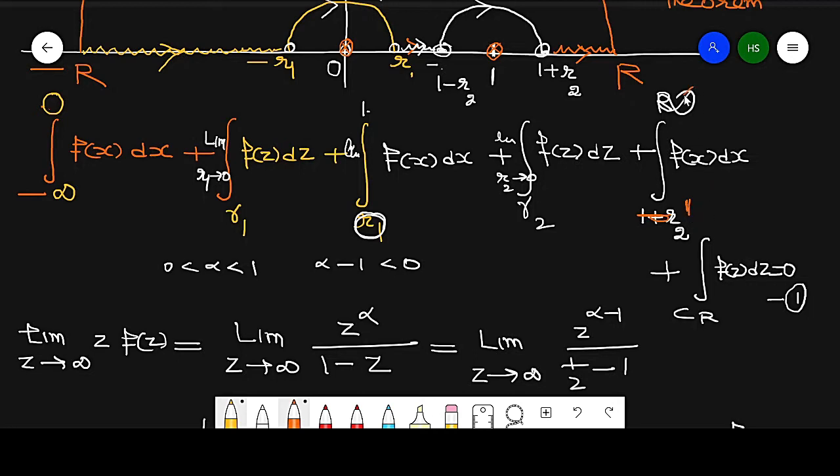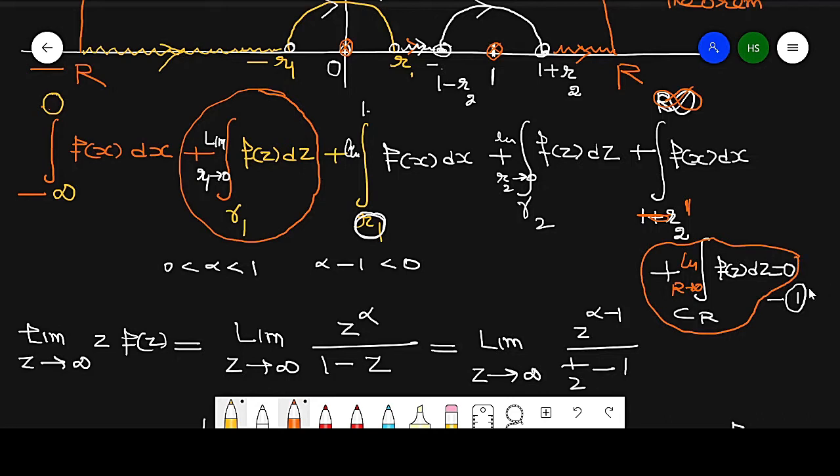So this limit is 1 to infinity, with capital R approaches infinity. Now this term will become 0, the gamma 1 term will become 0, this term will become 0, and this term will become pi iota.